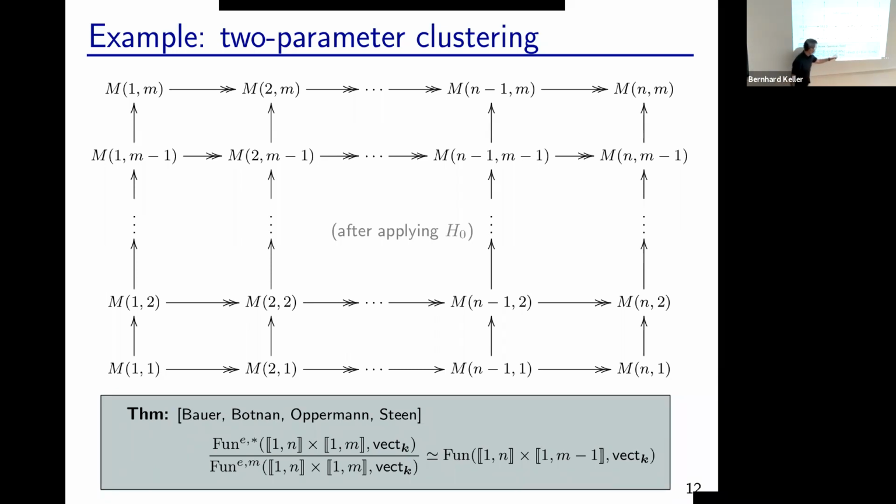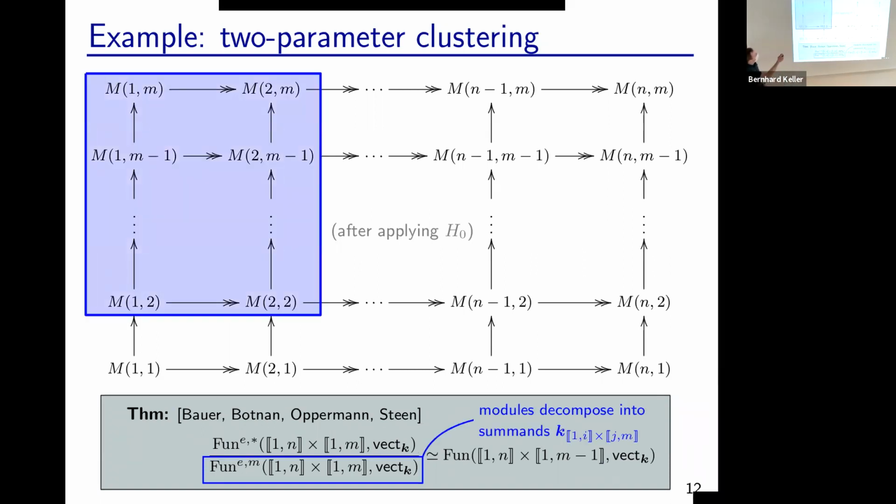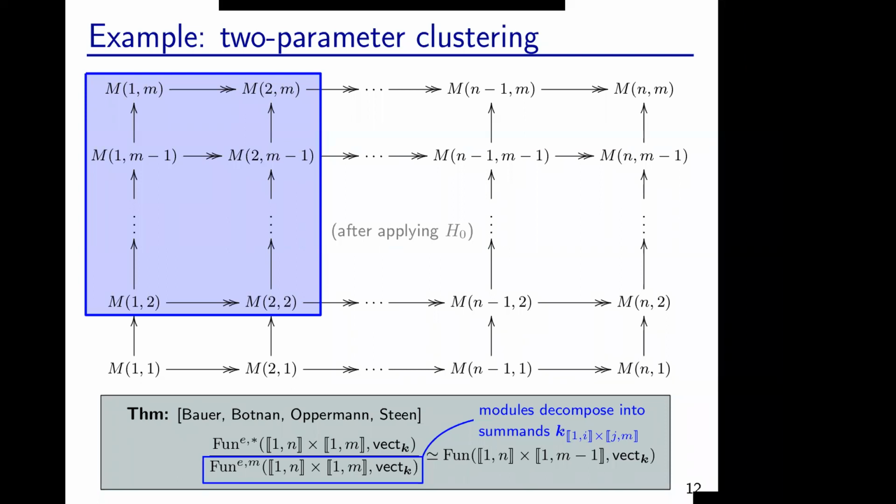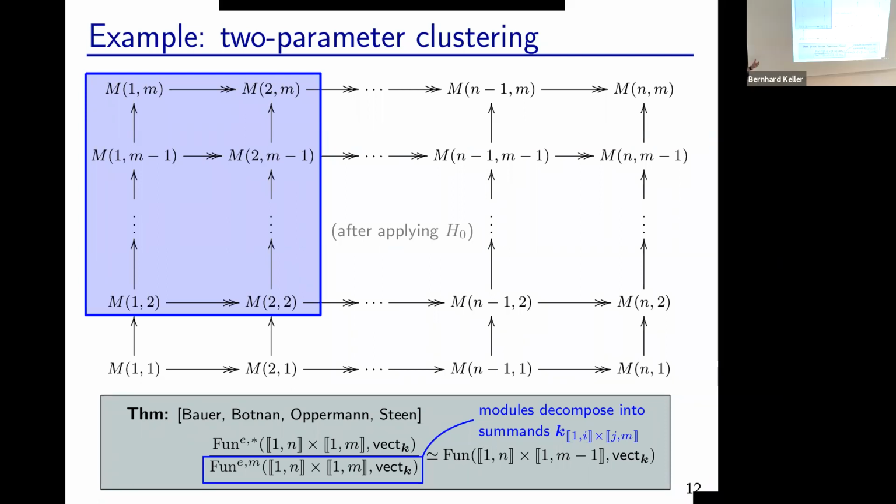Now, what is this category? It's just modules that decompose into directions or rectangles like this one. It's a very simple set. So if you take the subcategory that you obtain in clustering, you remove from it the rectangles, you get something that is isomorphic to the representation category of the grid deprived of its last row.